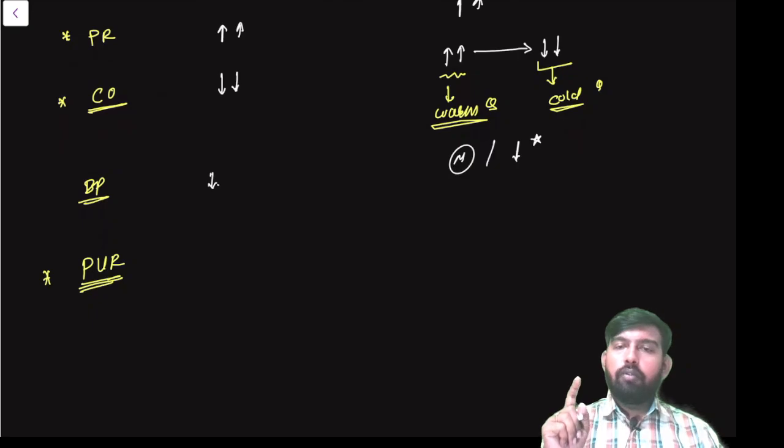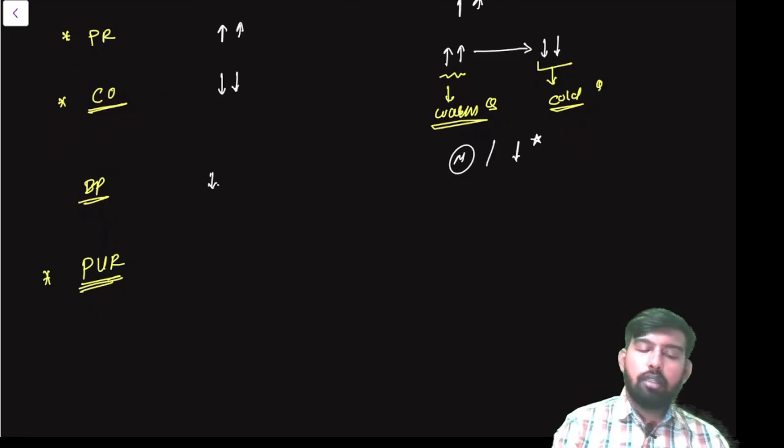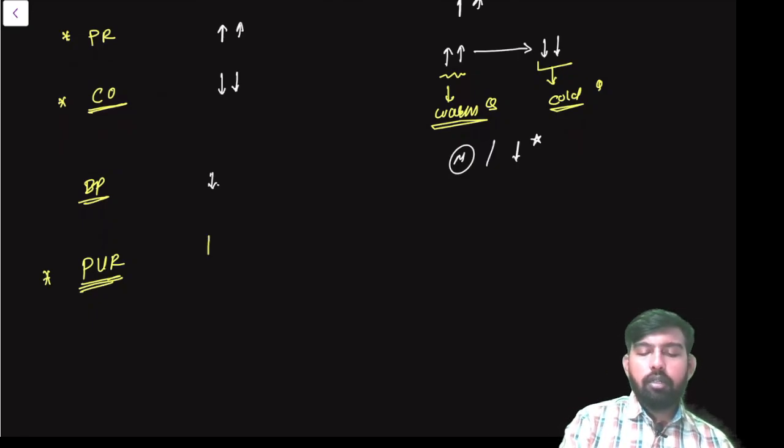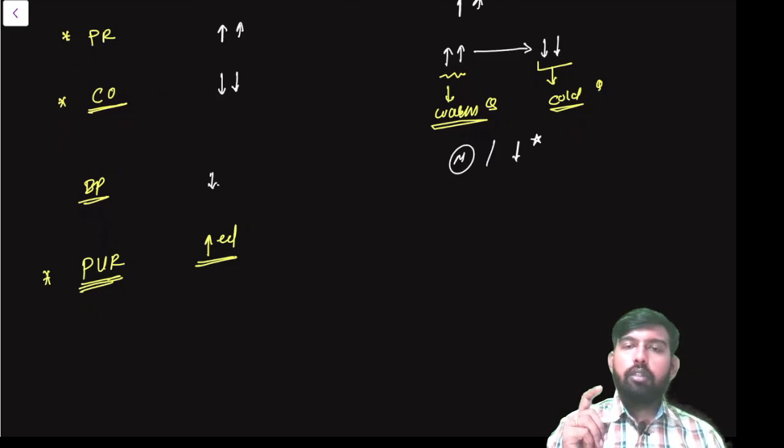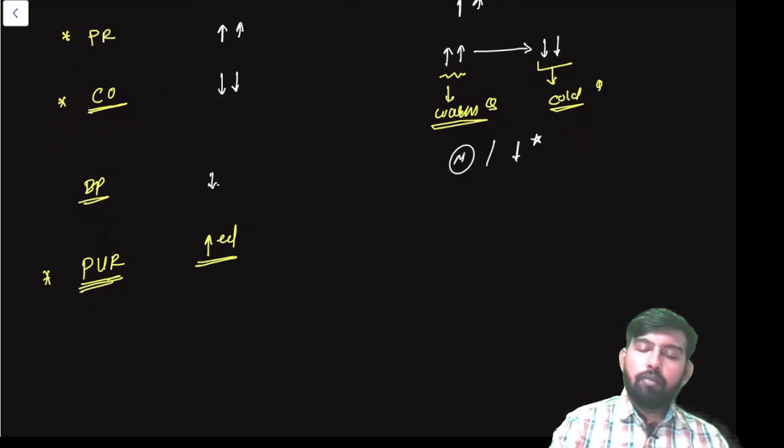So there is vasoconstriction at the peripheral vessels, which causes an increase in the peripheral vascular resistance. But in case of a septic shock, there is a toxin mediated peripheral vasodilatation, which causes a decrease in the peripheral vascular resistance.